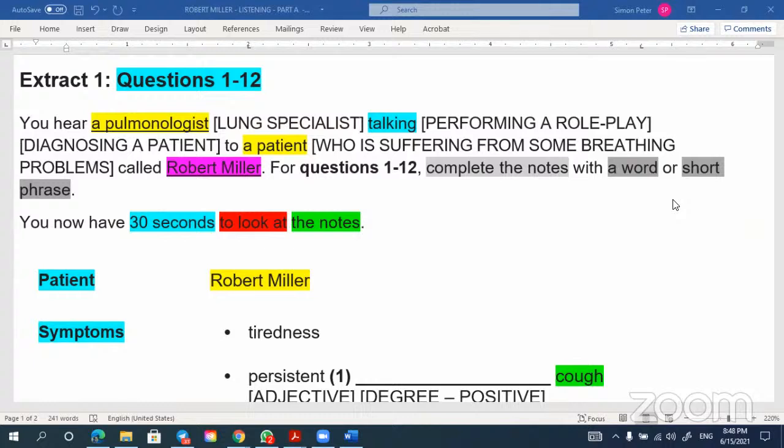Extract 1, questions 1 to 12. You hear a pulmonologist talking to a patient called Robert Miller. For questions 1 to 12, complete the notes with a word or short phrase. You now have 30 seconds to look at the notes.